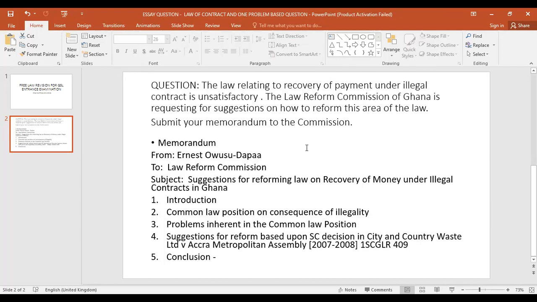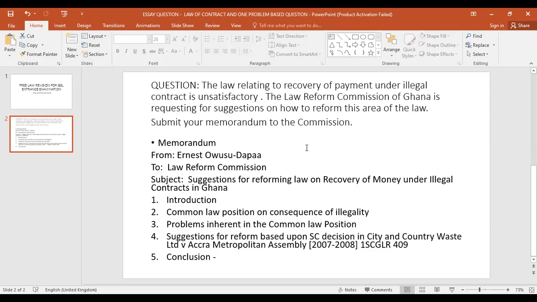Once you understand what the question is asking, you'll be able to capture what ought to be the title for your memo. So let's work with what I have put here: suggestion for reforming law on recovery of money under illegal contracts in Ghana. Don't forget that despite the fact that we are told to send a memorandum, it is still an essay, okay?